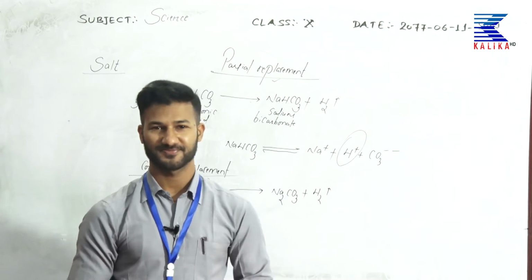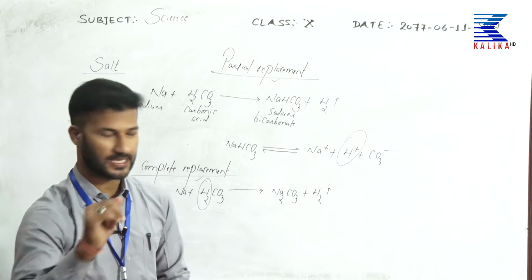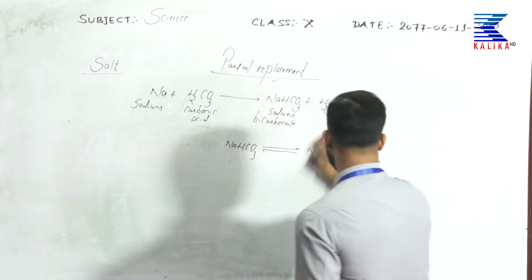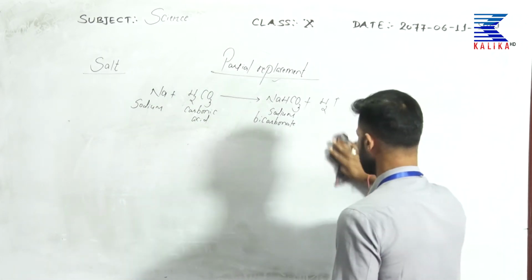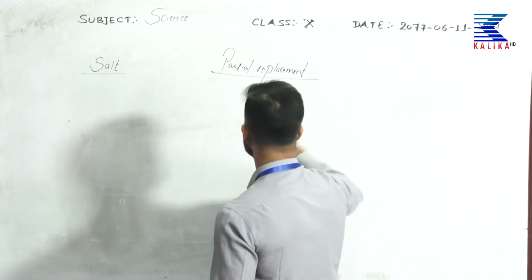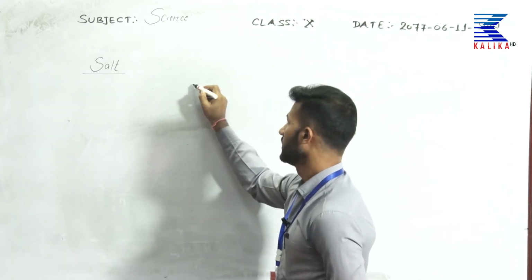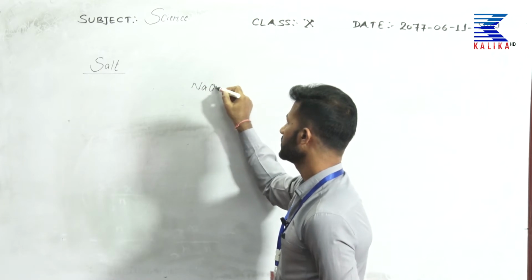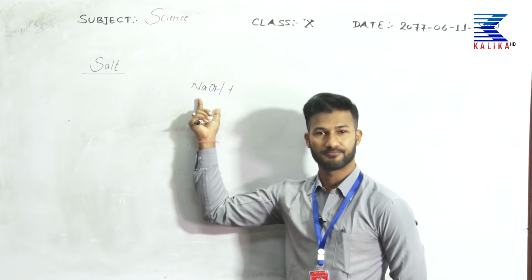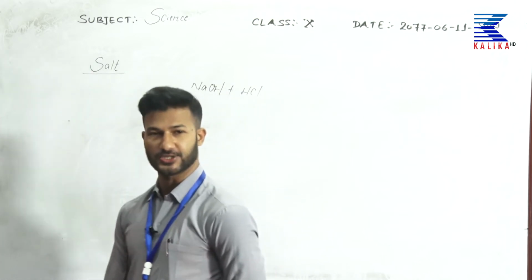These are salts. So there is one more way how we get salt in a chemical lab. Let me show you. Let me rub this first. This is another way, we talked about it in the chemical properties of acid and base as well. See how we get salt. NaOH. What is this? This is of course one of the well known strong bases. This is the well known hydrochloric acid, the strongest one.